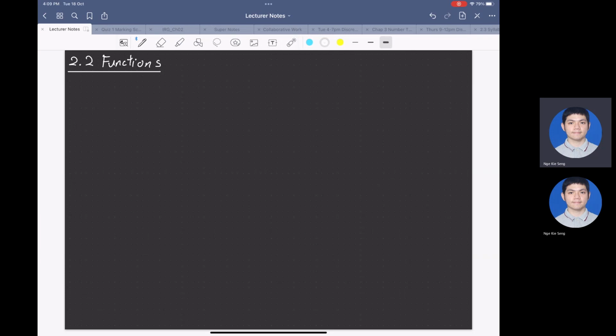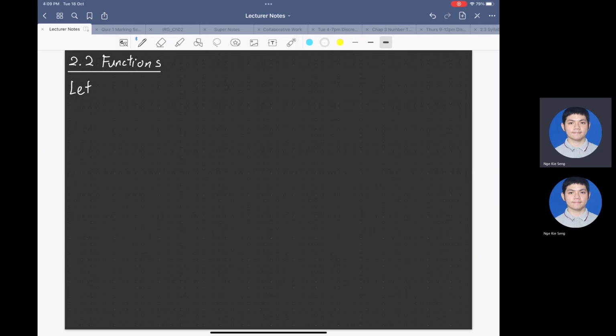Okay, maybe we just start. Let's see what I remember. Let's start with functions. What we have studied: we studied propositional logic, so we know how to write a statement that can be determined true or false.